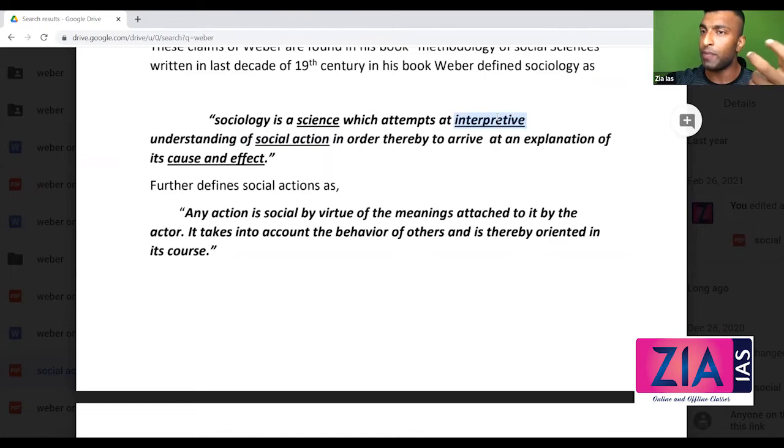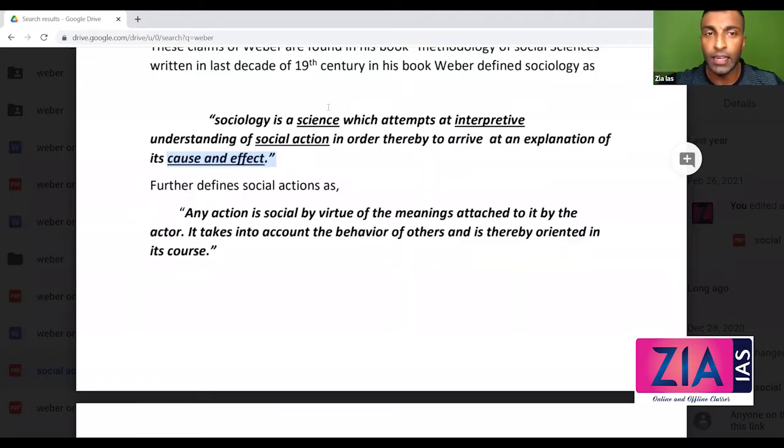So it's about interpretive understanding of social action, and then what you need to do is arrive at an explanation of cause and effect. So you can see here from this definition of sociology itself, the point that I've told you just before, he's positivist on one side and non-positivist on the other side, or Weber is a positivist in terms of method of inquiry, how you study, and non-positivist in terms of subject matter.